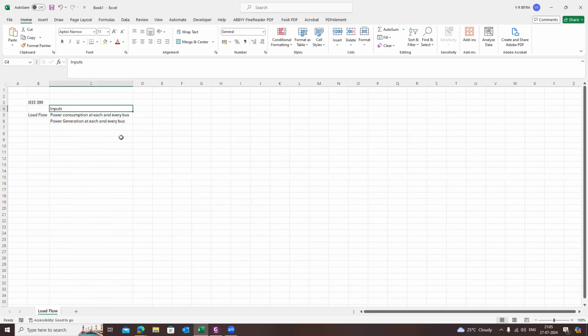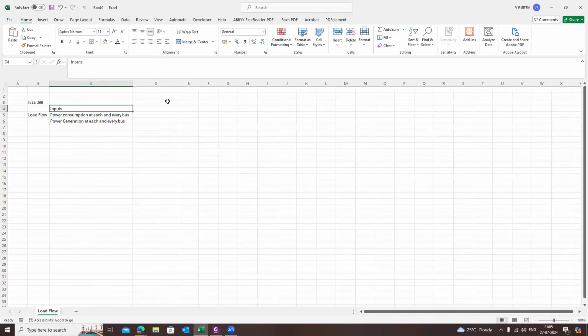And what are we getting with the load flow? That is the power flow of the branch. Let me note it down as an output here. So what we are getting is the power flow in the branch.